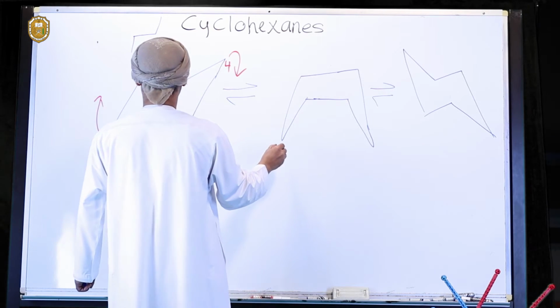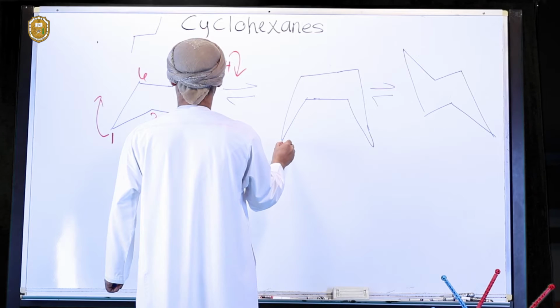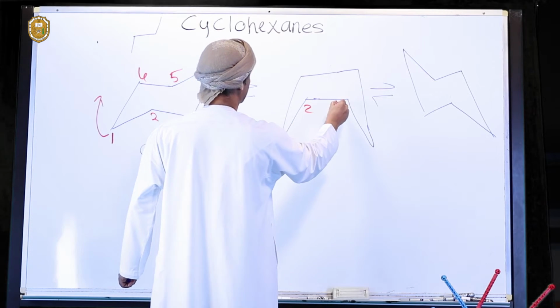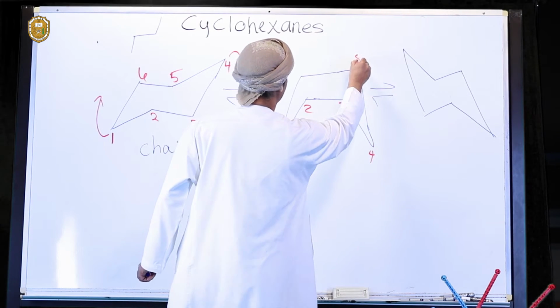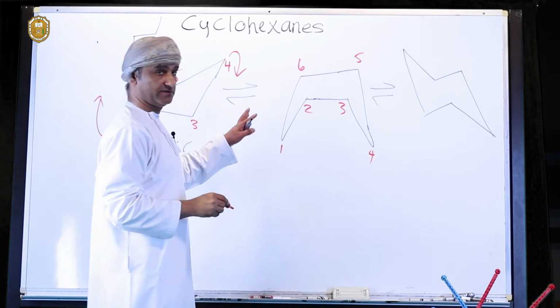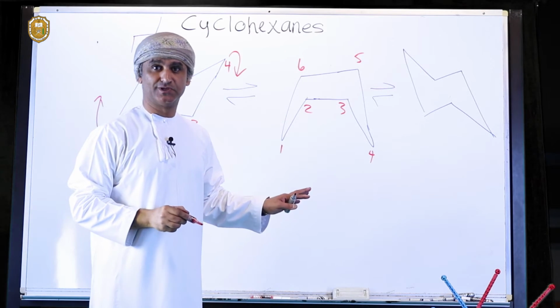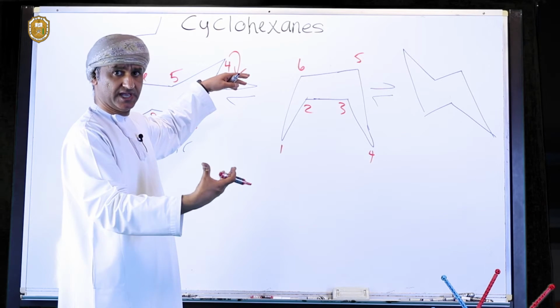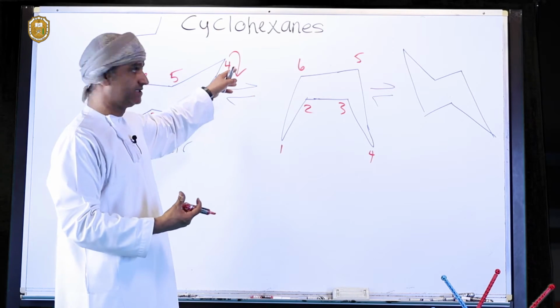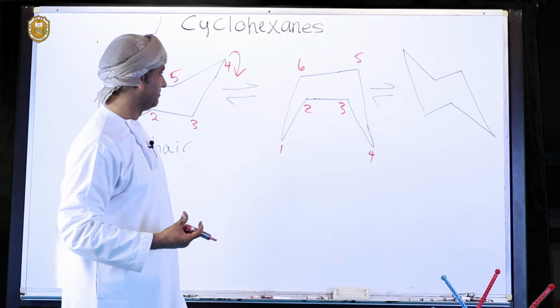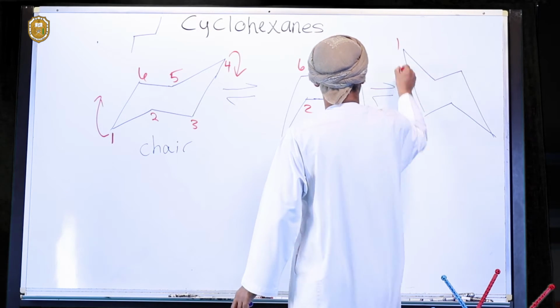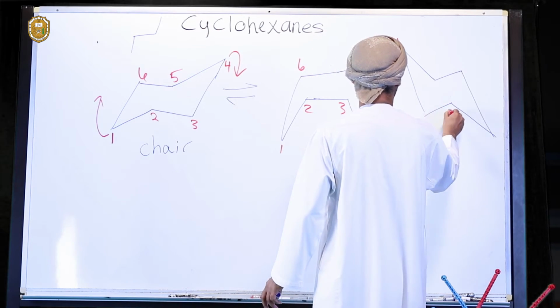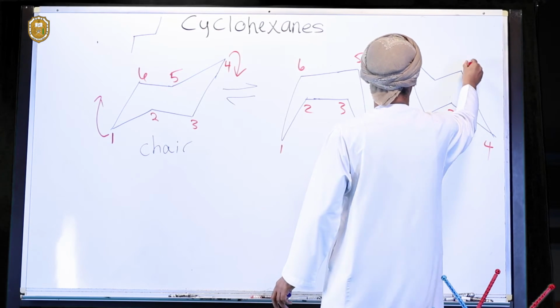Clearly this is 1. This is 2. Obviously they don't change positions. Carbons stay in the same locations. Only carbon 1 and carbon 4 are flipped either down or up. So this is still 1, that's 2, that's 3, that's 4, 5, and 6.